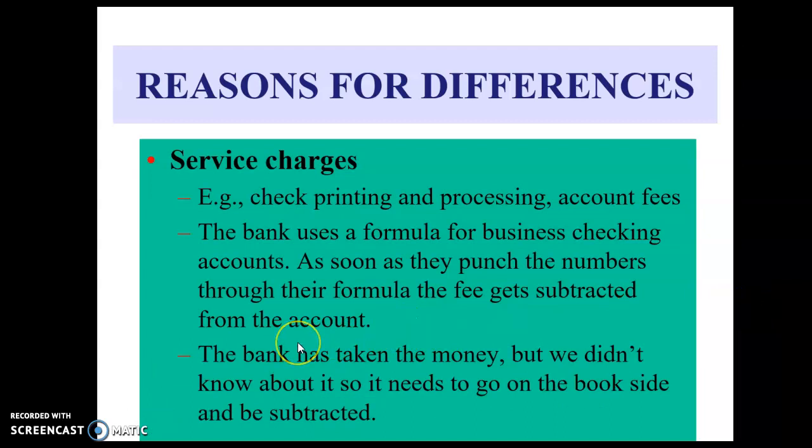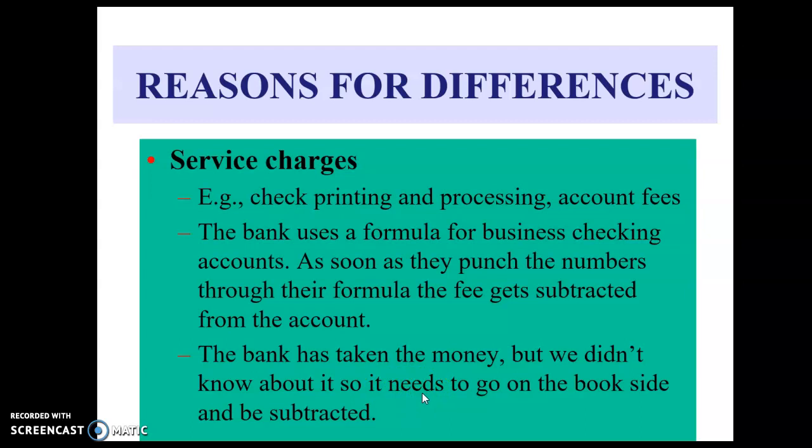So as soon as the bank runs us through this formula at the end of the month, or right before the statement, they run all of our activity through this formula and figure out our service charge, and they immediately take the money out of our account. So they know all about it. It's us. We know the service charge is going to come in, but we don't know how much from one month to the next.